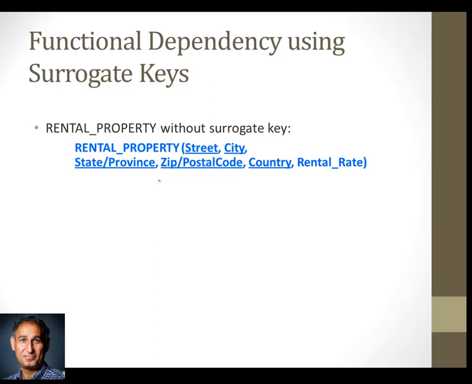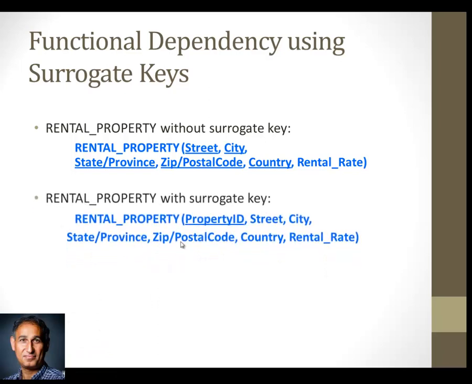In this case, I will add the surrogate key called property ID, and then we will have property ID as a determinant and as a primary key that can determine the other attributes in the table.